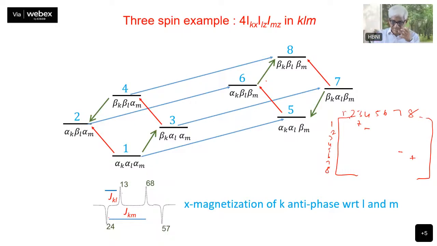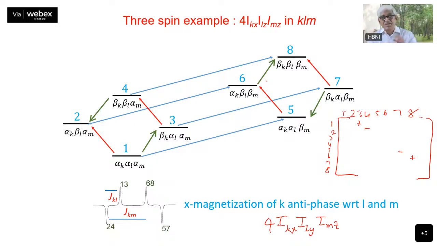So now you can expand this more. We can have also IKX, ILY, IMZ. What does that mean? Suppose I have IKX, ILY, IMZ. Now this I will write as 4, because this is a normalization coefficient here. IKX, ILY, what was that telling me?